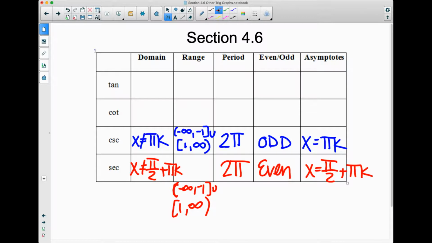So do the transformations to cosine and sine, and then graph it like we've been doing.